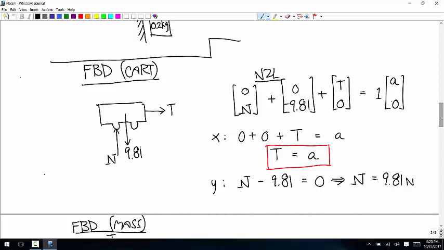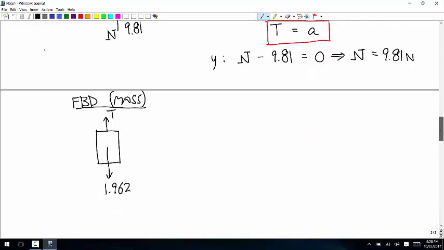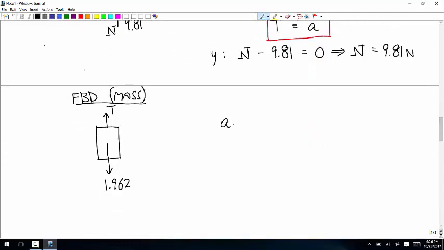Would it be 1, negative 0, if the cart was going to...? Yeah, so let me write down this formula and then let's think about a couple scenarios. So the acceleration vector of the mass is going to be 0, negative a. And let's just think about how that works.